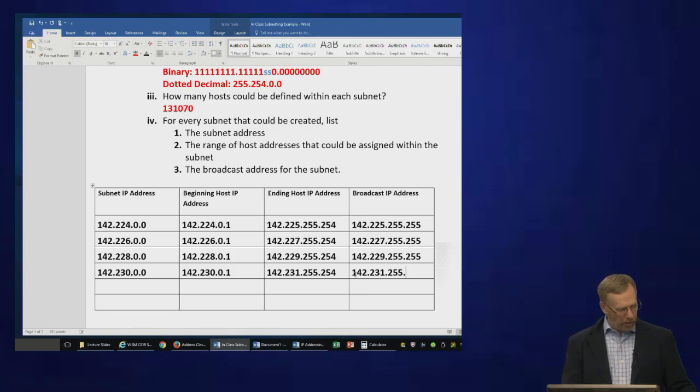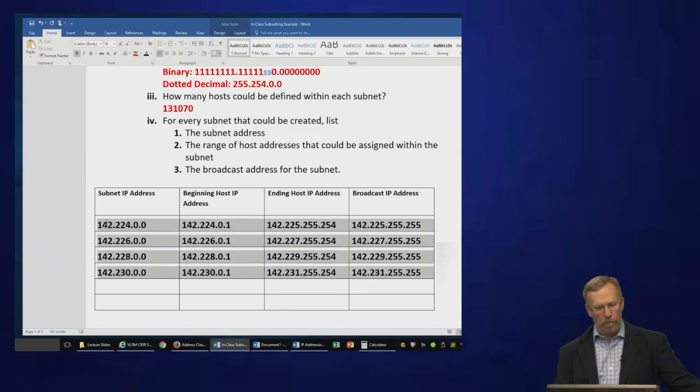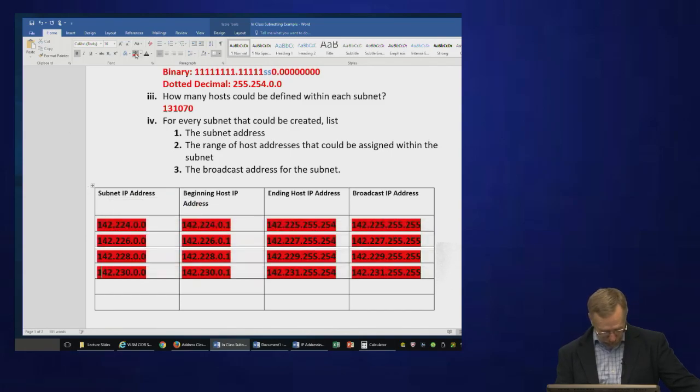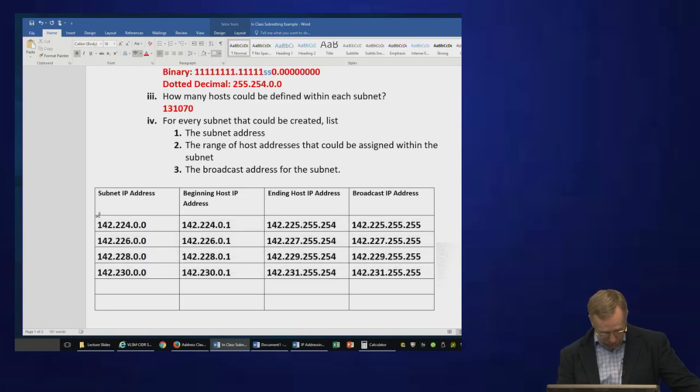I don't want you to wreck your grade on the very first assignment before we even get to any real hands-on labs, which we are going to do later in the semester. So take your time. Subnetting doesn't come natural to a lot of people. So I want you to make sure that you get it right.